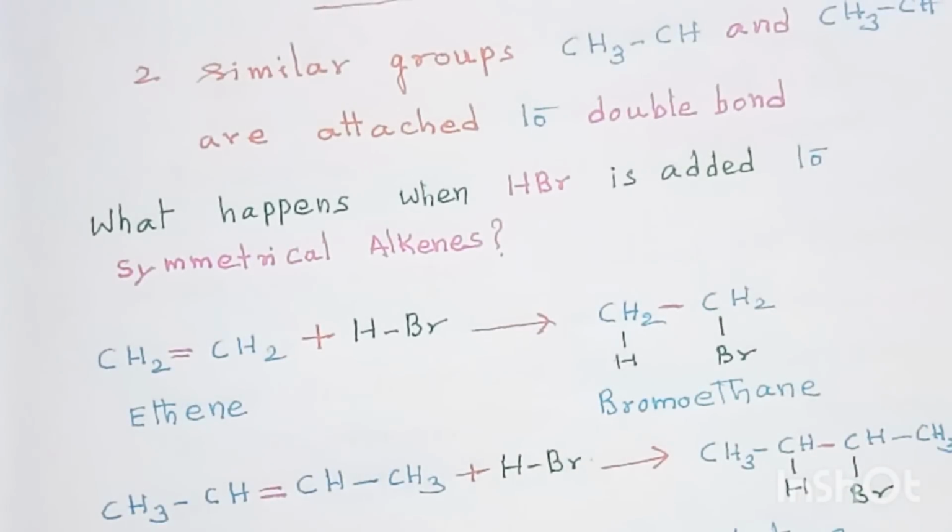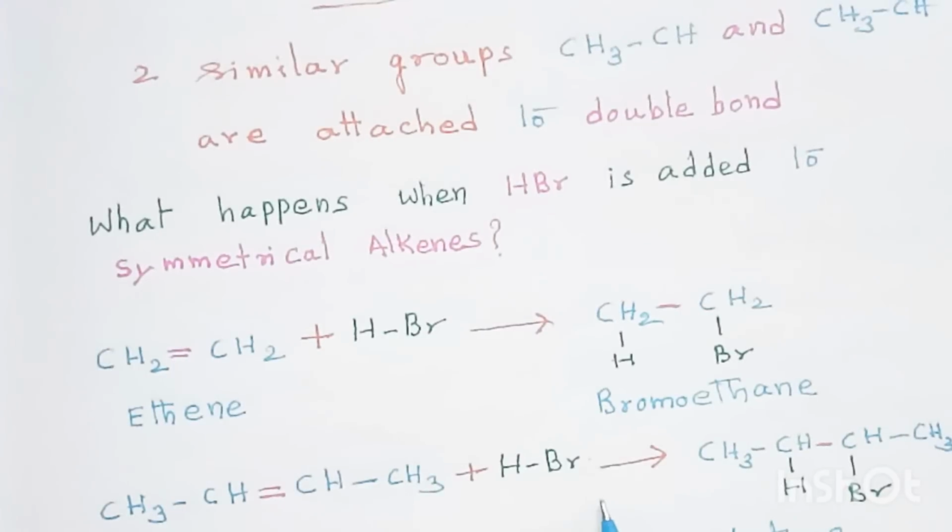Similarly, but-2-ene. This is also a symmetrical alkene because two similar groups are attached on either side of the double bond. And when we add HBr, we get bromobutane. Either the hydrogen can get attached to this carbon atom and then bromine attaches here.